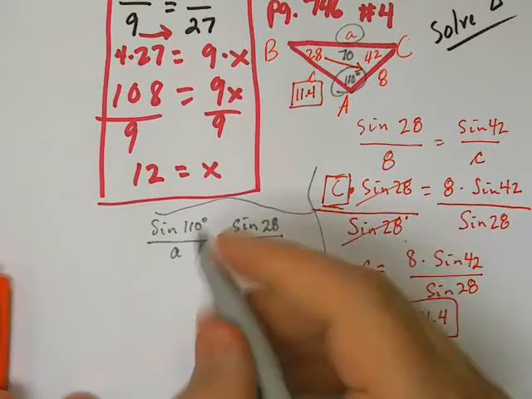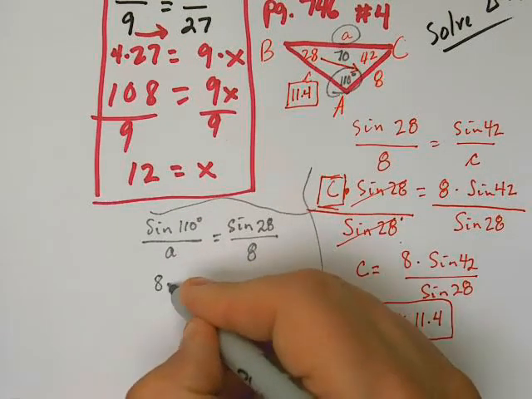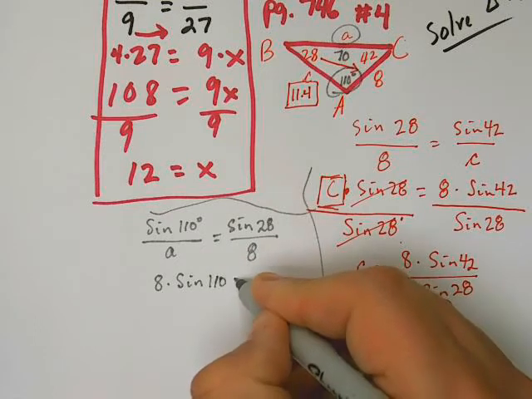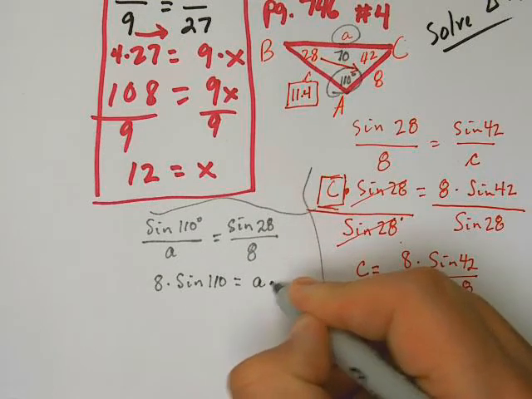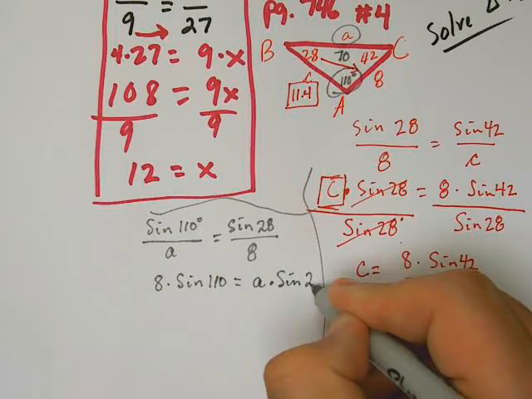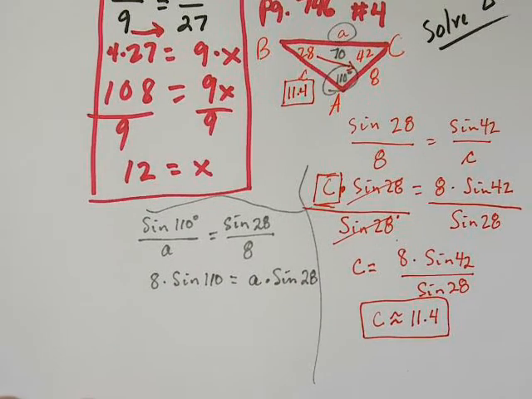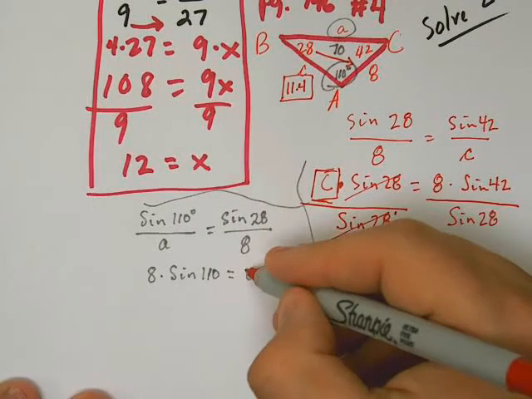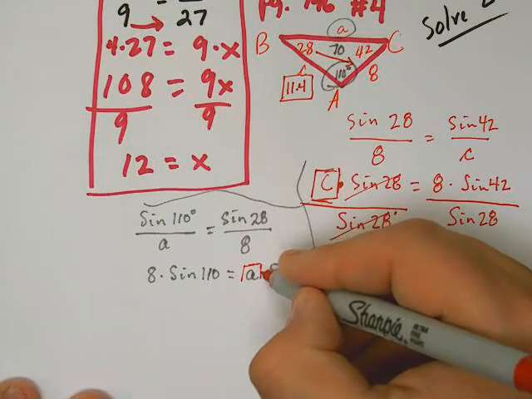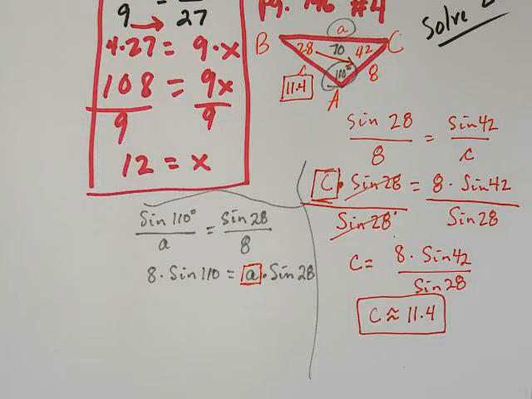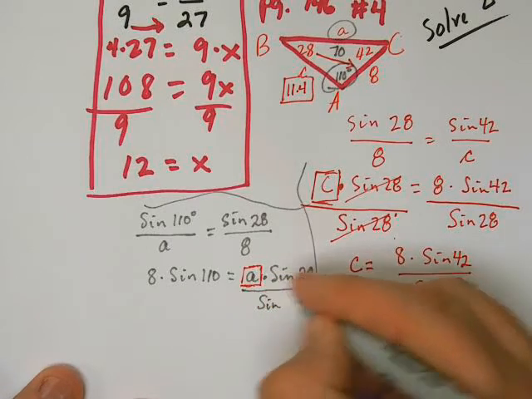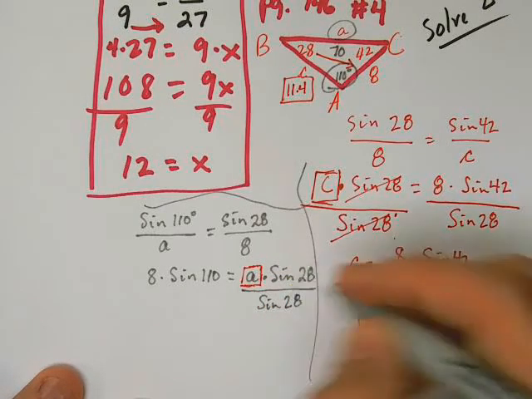Okay, cross multiply and divide. 8 times the sine of 110 is equal to A times the sine of 28. Where's my unknown? I'm going to put a little box around it. A is my unknown. Now I'm going to divide by the sine of 28, because I have to isolate my variable.